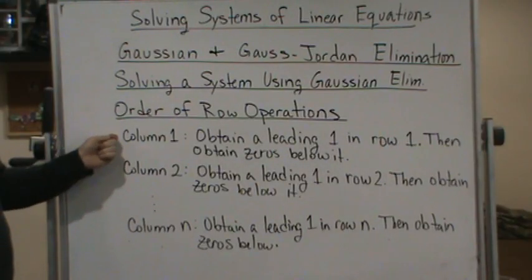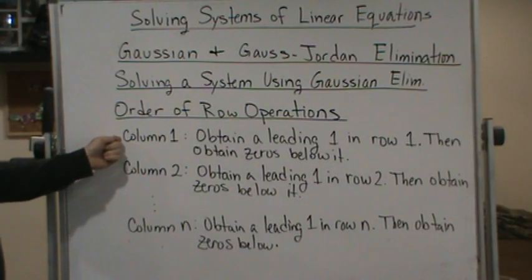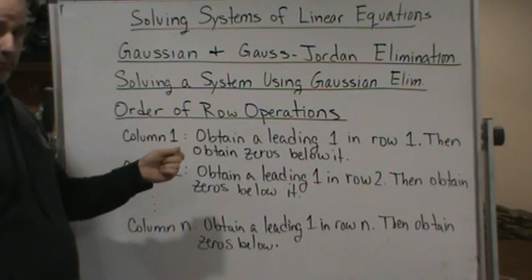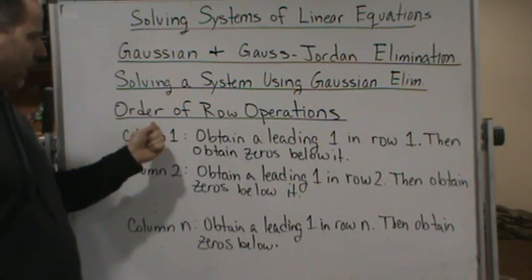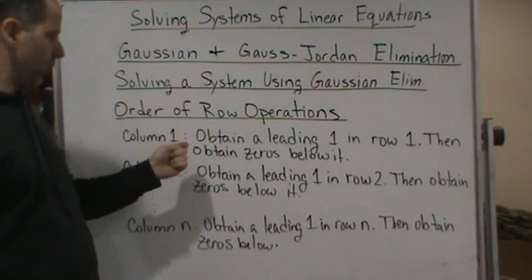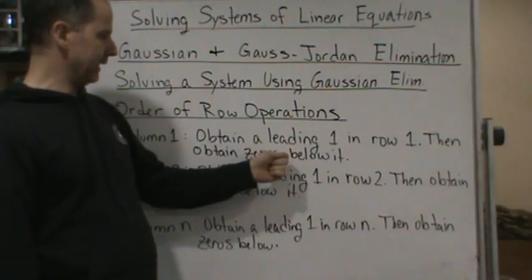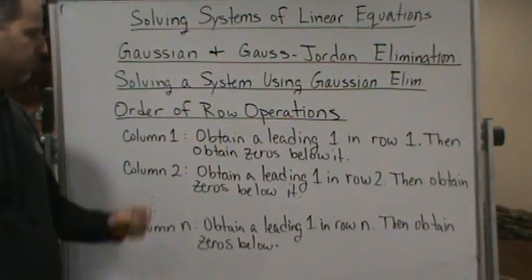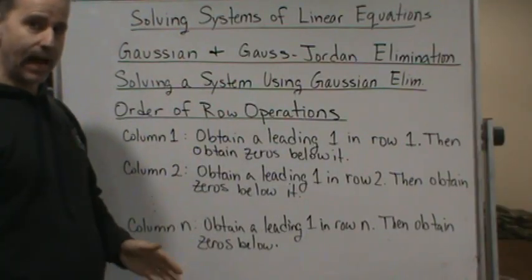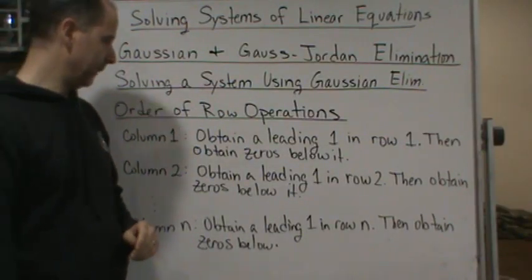You start with column 1 and you obtain a leading 1 in row 1. Then once you have that, you use that row to obtain zeros in all of the rows below that leading 1, so in the same column as that leading 1, right?